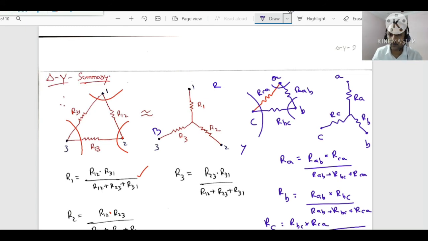The thing is very simple. Simply to say in one word, if I want R1, I will multiply these two. If I want R2, I will multiply these two. If I want R3, I will multiply these two, divided by the same denominator for all, the sum of these 3 resistors. Very quickly you will get the answer. Right? Thank you.